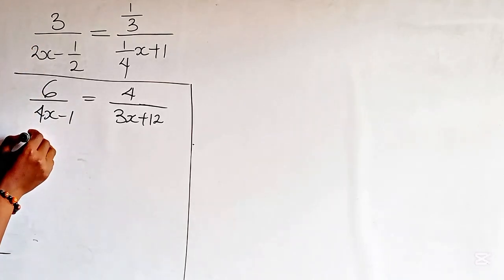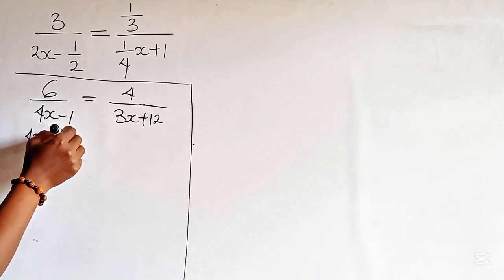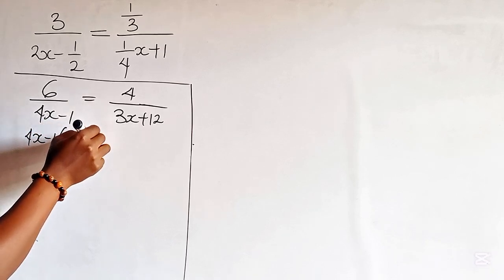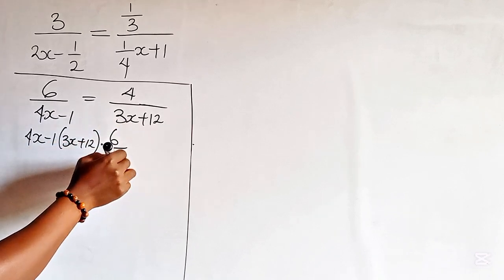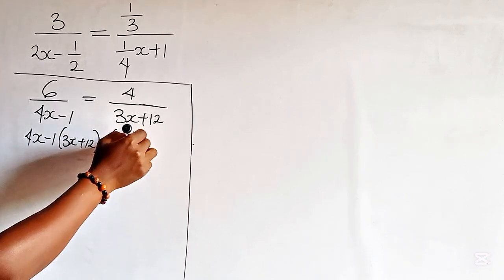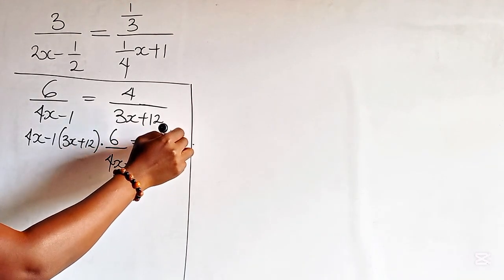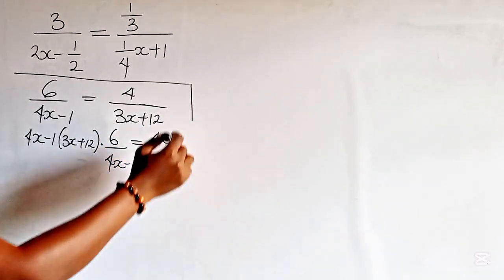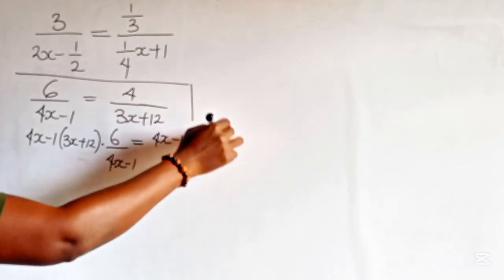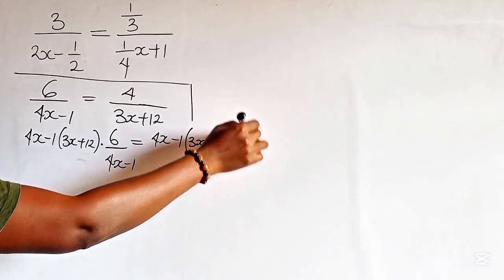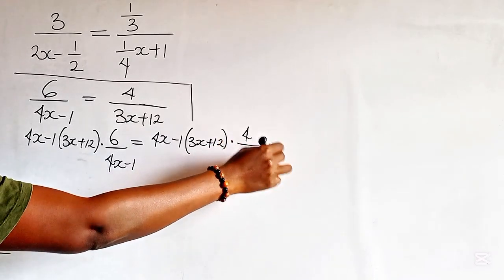So we have here 4x minus 1 bracket 3x plus 12 multiplying 6 all over 4x minus 1 is equal to 4x minus 1 bracket 3x plus 12 multiplying 4 all over 3x plus 12.